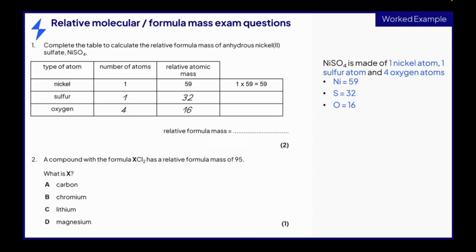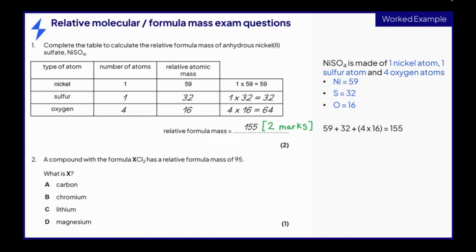Sulfur contributes a total mass of 1 times 32, or 32. And oxygen contributes a total mass of 4 times 16, or 64. The total mass of NiSO4 is therefore 59 plus 32 plus 64, which equals 155 for 2 marks.